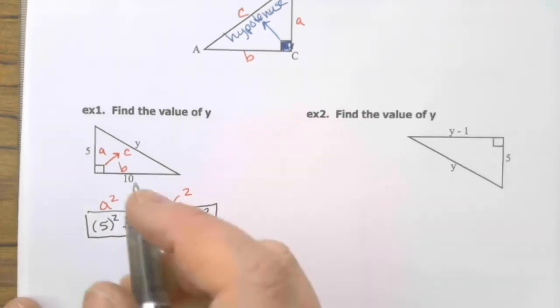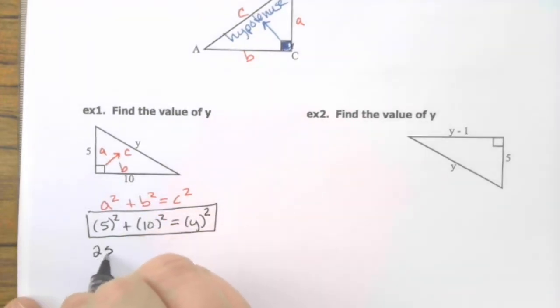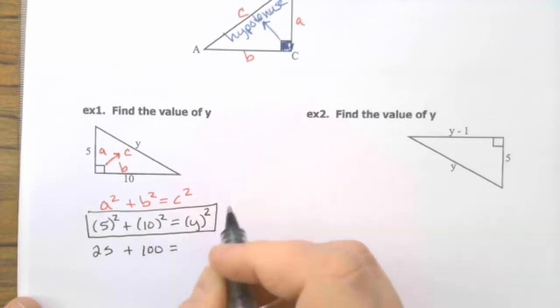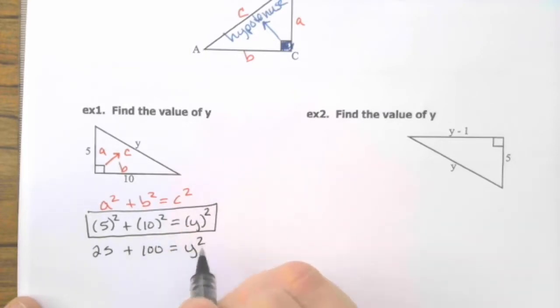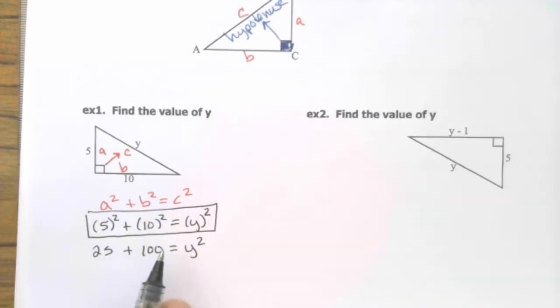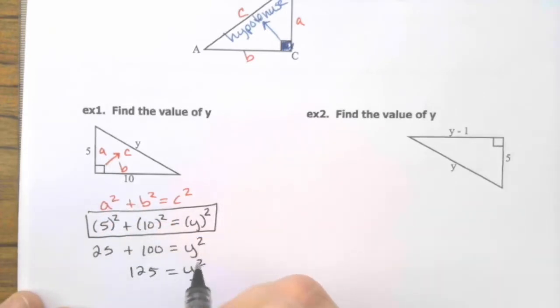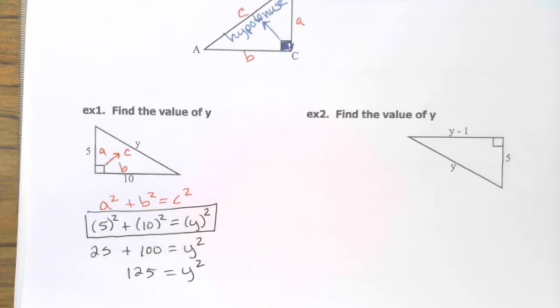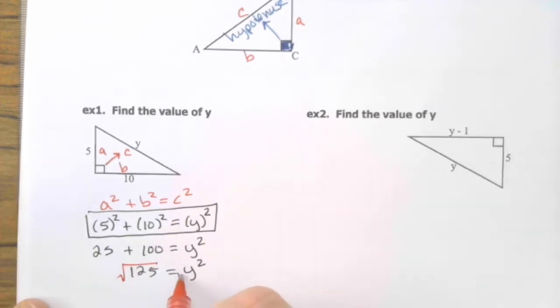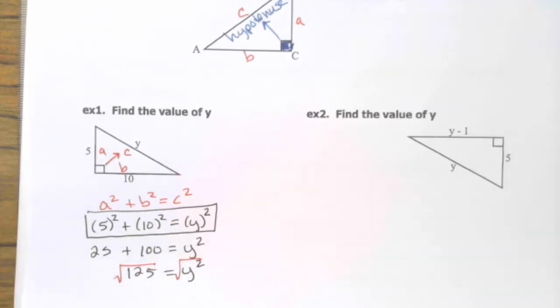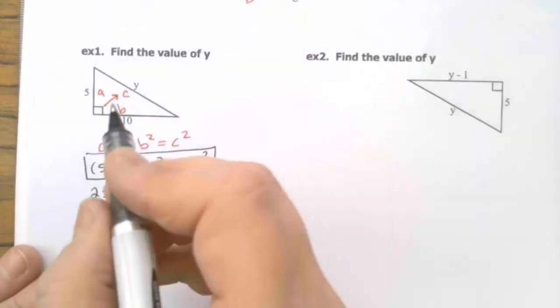First, do the exponents. 5 times 5 is 25. 10 times 10 is 100. y times y is y squared. Then add the two on the left. So 125 equals y squared. To get y alone, you're going to take the square root of both sides. Because it's a side length, we don't worry about the negative.